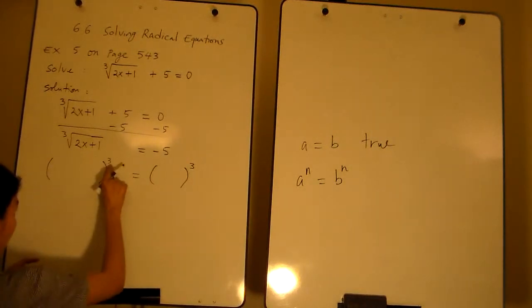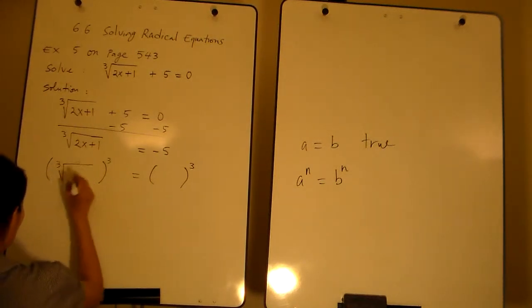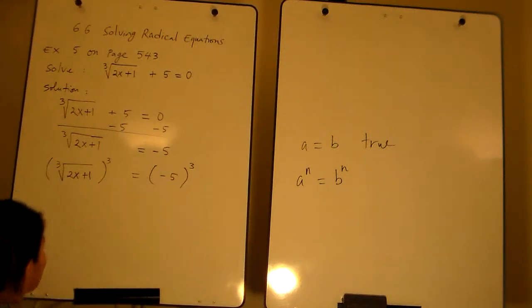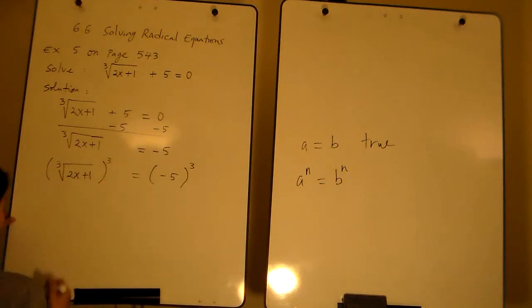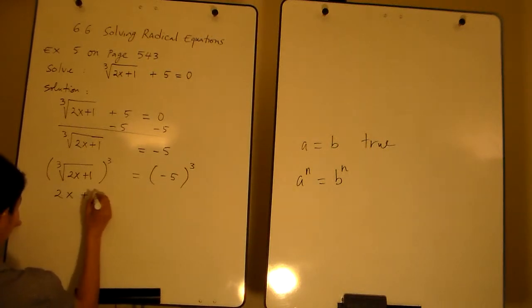That's why I raise to the third exponent, so that I can simplify the cube root. When you raise to the third power, the inside of the cube root will be simplified. So this term right here will be simplified to 2x plus 1.